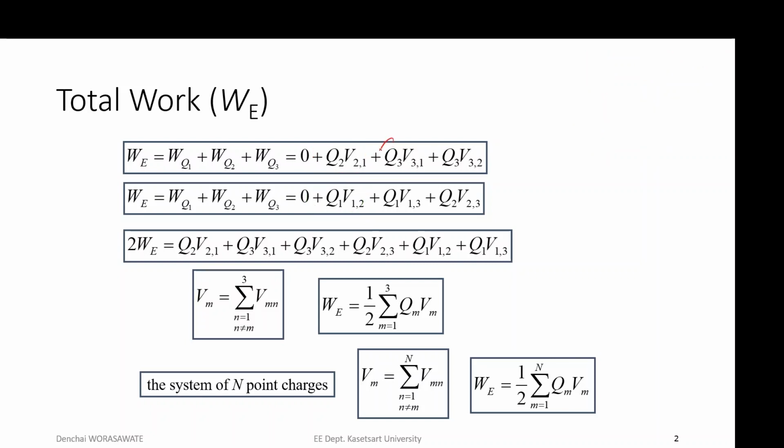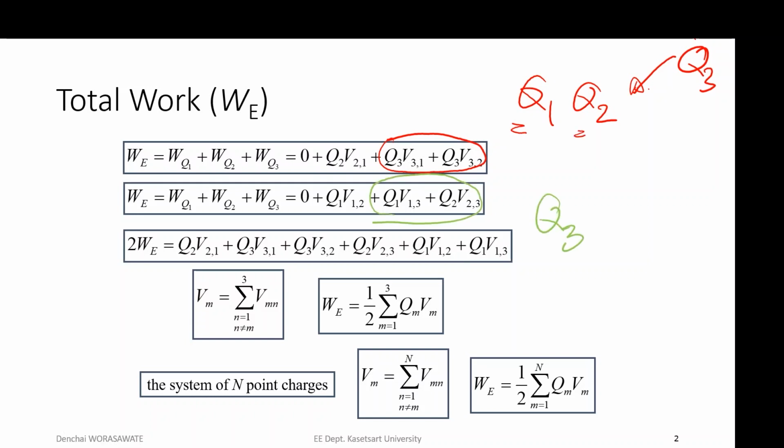Now this 2 is when we have Q1, Q2, and we move Q3 to here. So we have a field from Q1 and Q2. For this one we have Q3, and we move Q1, we move Q2 to here.